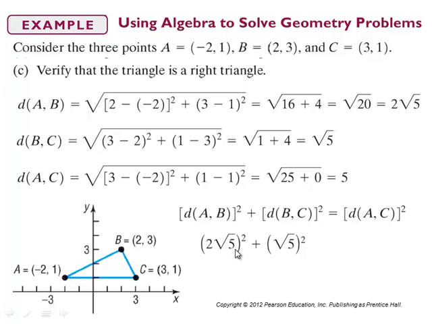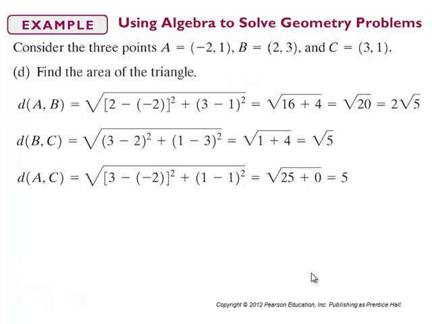So we'll have 2 root 5 squared, which is going to be 20. And then here we've got the distance between B and C, which is root 5. Square that, you get 5. 20 plus 5 is 25. But then the distance between A and C is 5, and 5 squared is 25. So we really do have the Pythagorean theorem holding true. So that verifies that this triangle really is a right triangle because the Pythagorean theorem holds for those three sides.